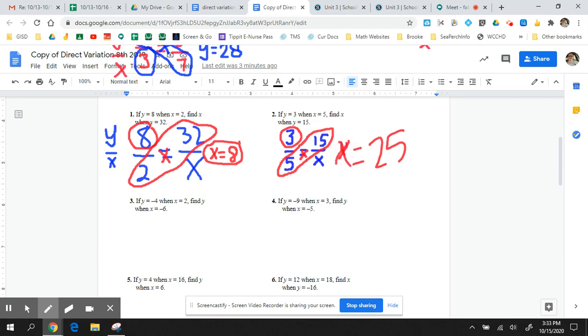Let me try 3 and then you can try 4. On number 3, it says y equals -4 when x is 2, find y when x is -6. This is the first time we've done negative numbers. The negatives will follow with it.